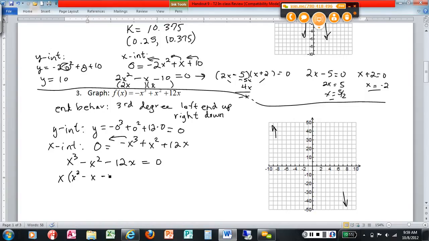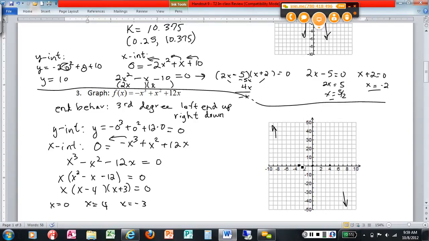So the x squared minus x minus 12 in parentheses there. And then x squared minus x minus 12 factors nicely as x minus 4 times x plus 3, doesn't it? That would give us the middle term of minus 1. So there you go. There's x is 0. Set that to 0 and then add 4. You got x is 4. Set that to 0 and subtract 3. We've got negative 3. So those are my intercepts. We got y-intercept of 0, x-intercept of 0, same point, x-intercept 4, x-intercept negative 3.